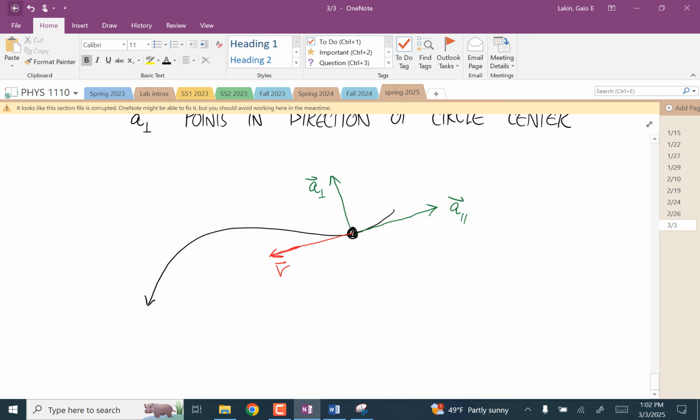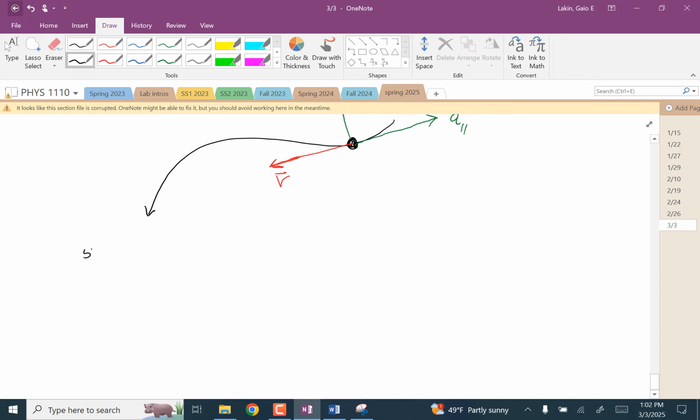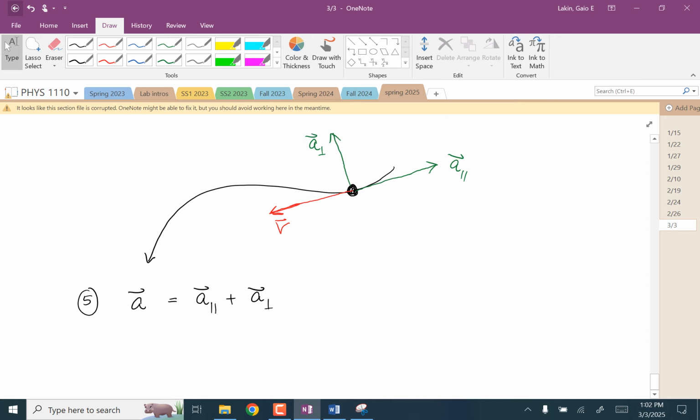And now the last step is 5, and that is the total acceleration is just the sum of those two parts. Well, we know the directions of these two parts of the acceleration, but we don't know the magnitude. That means that adding these is just a vector somewhere in the range between those two directions.